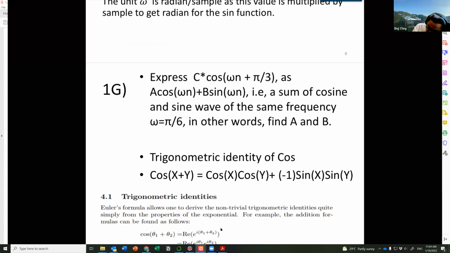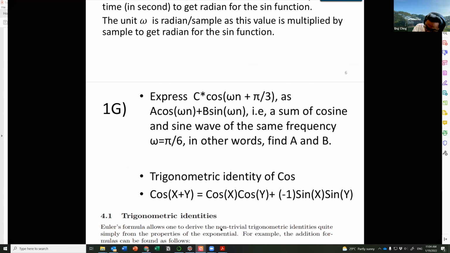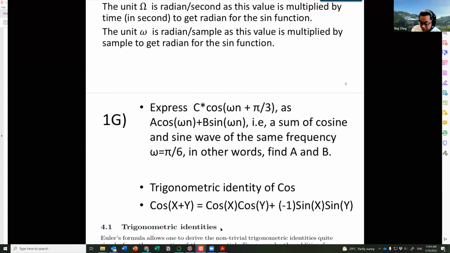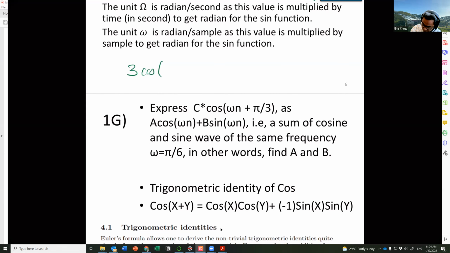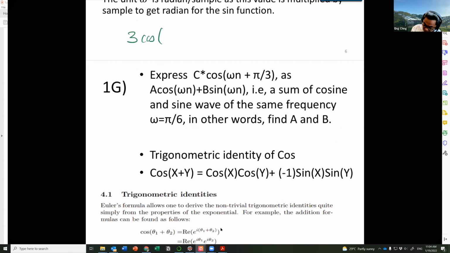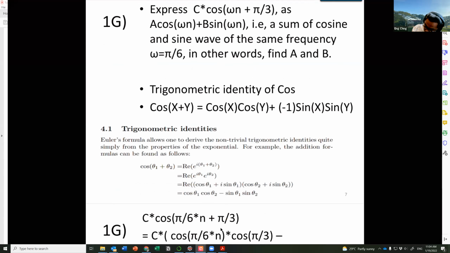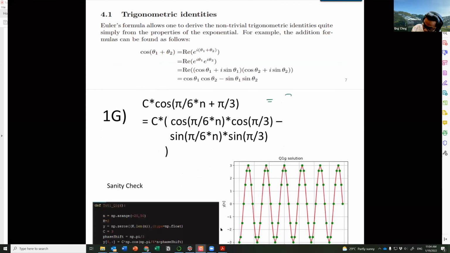Now we have 3 cosine, I think, was it pi over n? Oh, here. So this is actually 3 cosine of pi over 6n plus a phase shift of pi over 3.